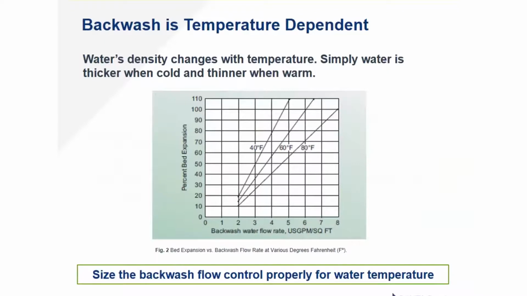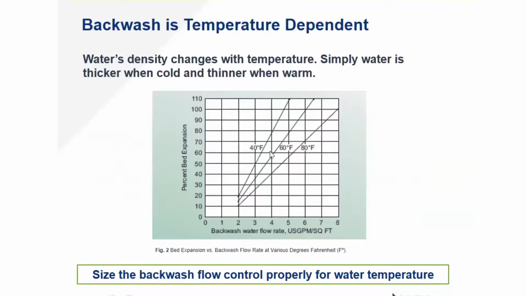So in cold waters, we have much better ability to backwash filters because of the thickness of the water. In warmer waters, we're going to have to backwash longer to get that media lifted up and scrubbed properly. You can see here in the chart based on water temperatures that for a bed expansion of 60% at 80 degrees, we're going to need a little over 5 GPM.